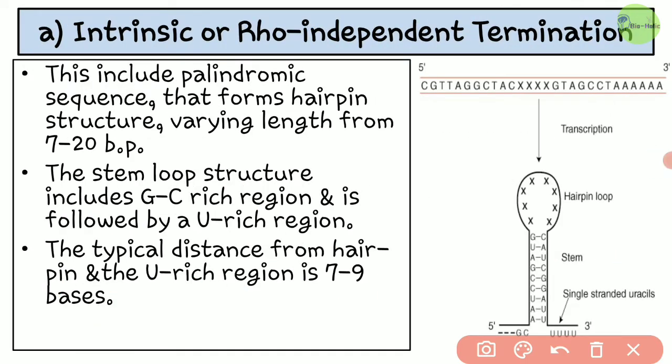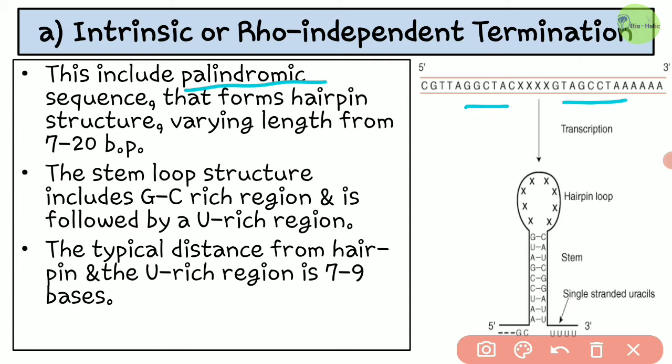First of all, the intrinsic or Rho independent termination includes a palindromic sequence that forms a hairpin-like structure varying in length from 7 to 20 base pairs. Here a palindromic sequence means the same nucleotide sequence when read 5' to 3' on one strand and also 5' to 3' on the other strand.